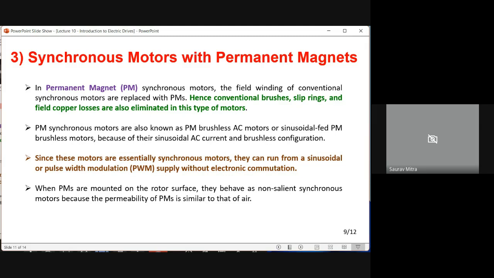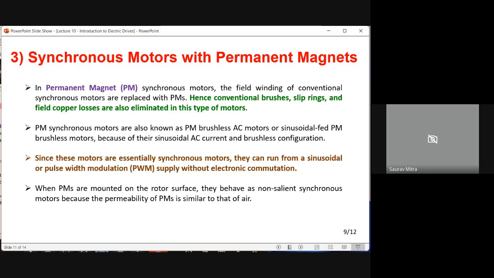In a permanent magnet synchronous motor, the field winding of the conventional synchronous motor is replaced with permanent magnets. So we find a very important thing: in PMSM, field windings are not there. The field coil eats up quite a lot of power while converting electrical energy into magnetic energy.